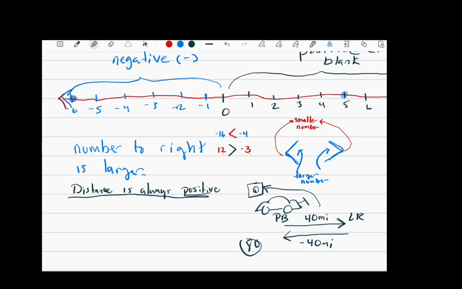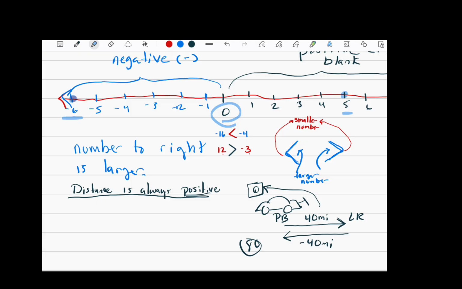Which has the higher distance? Which one is farther away from 0? -6 is farther away from 0 than 5. I did not say -6 was larger than 5. I said -6 is farther away from who? 0. That's a difference.